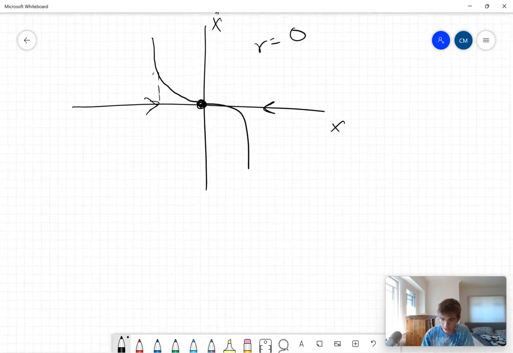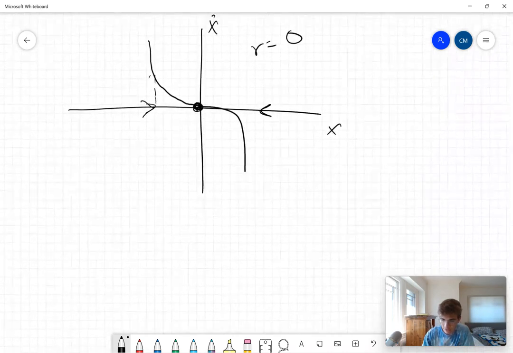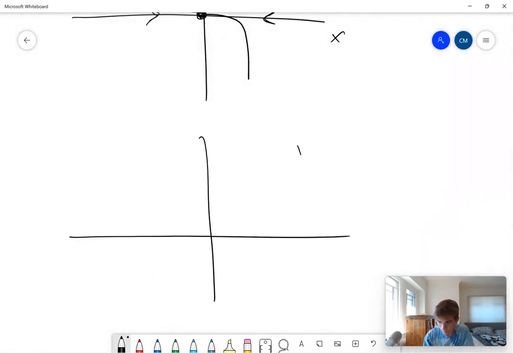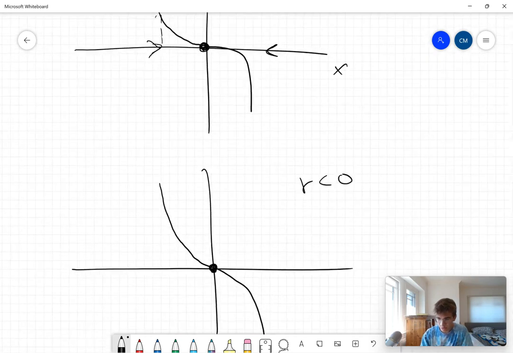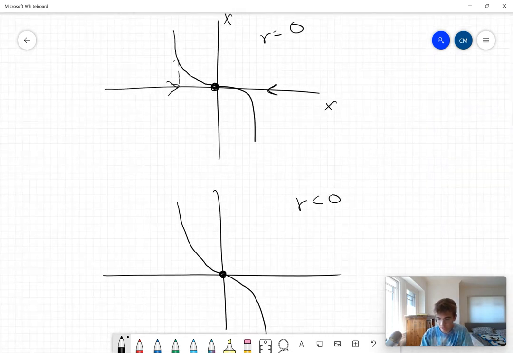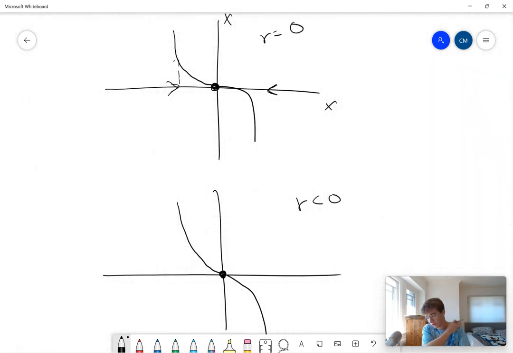And then once I make r negative, I get a cubic that's still just stable at the origin, okay? And so you might think to yourself, what's the difference between r equals 0 and r negative, right? And there's actually a big difference.